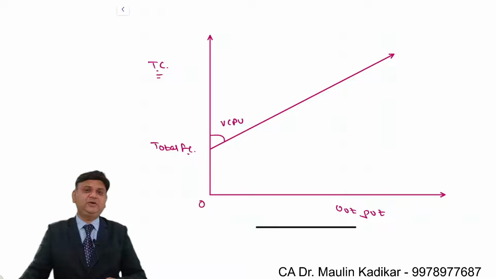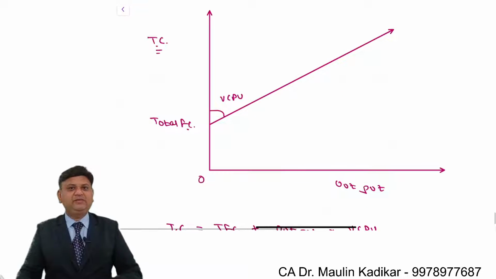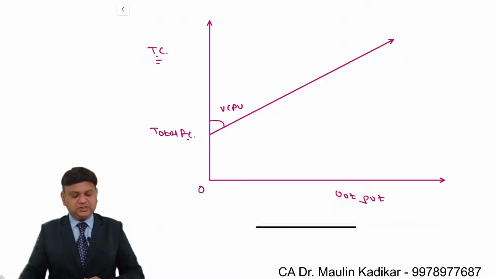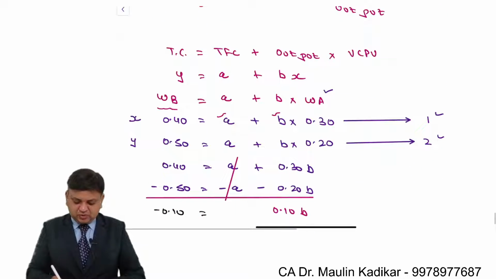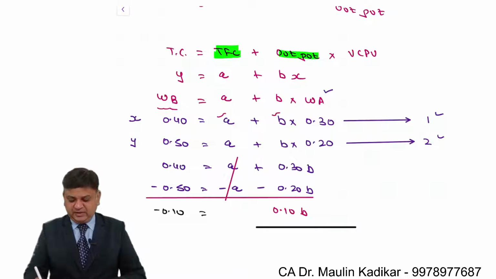We have to form a linear equation. For that, I have given you the example of the total cost. It is calculated as total fixed cost that is going to remain the same, plus output, that is an independent variable, into variable cost per unit, that is the slope. With that, we make the computation of the total cost.